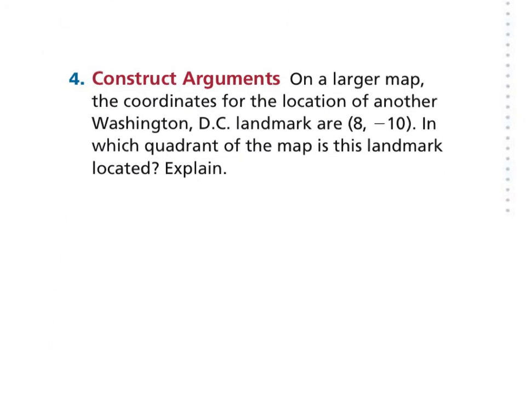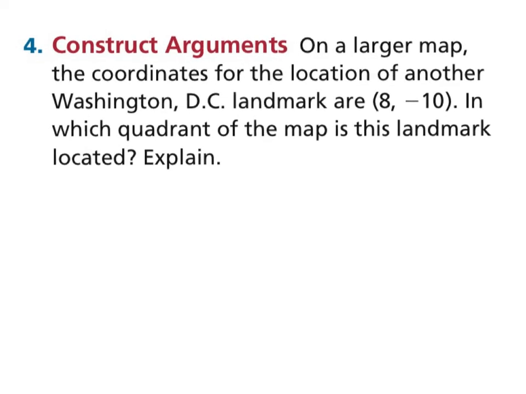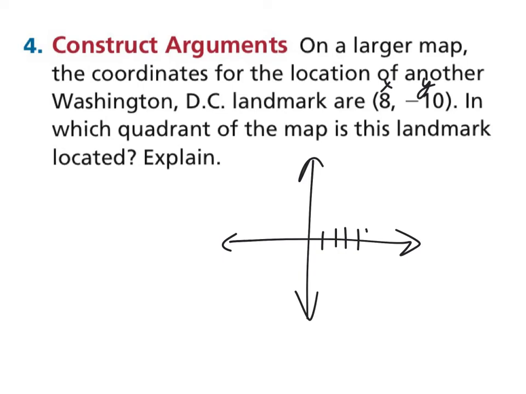If you look at number 4, on a larger map, the coordinates for the location of another Washington, D.C. landmark are 8, -10. In which quadrant of the map is this landmark located? Even if we didn't have graph paper, we could sketch this out. 8 is our x, -10 is our y. We start at the origin, go over 1, 2, 3, 4, 5, 6, 7, 8, and then go down 1, 2, 3, 4, 5, 6, 7, 8, 9, 10.